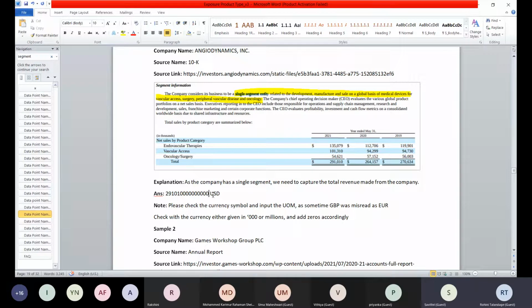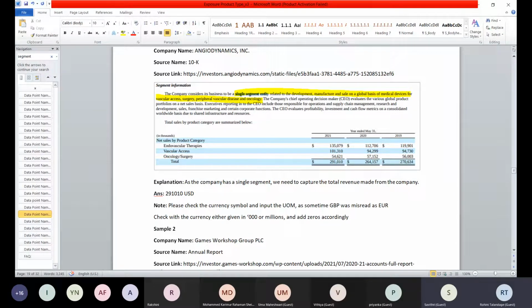If you still have any confusion on the currency, you can just search with the keyword currency. In every report they will give a detail or a note regarding what their functional currency is.